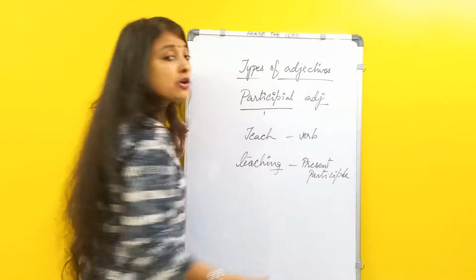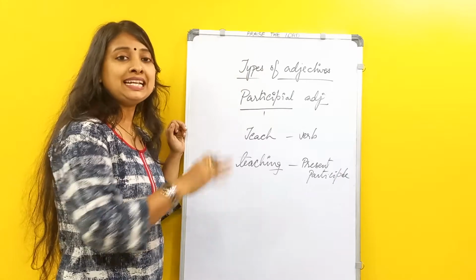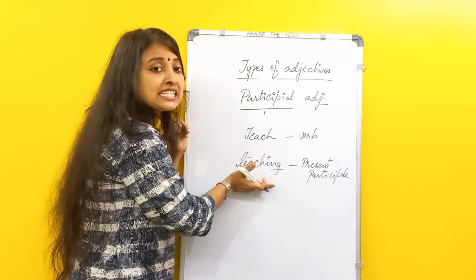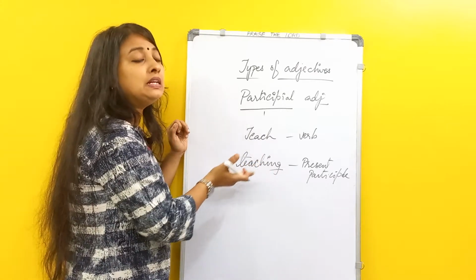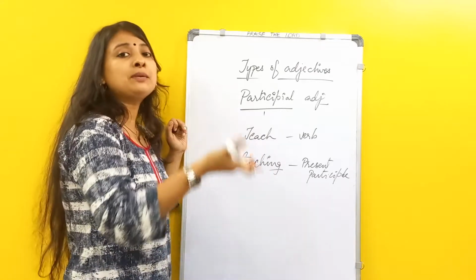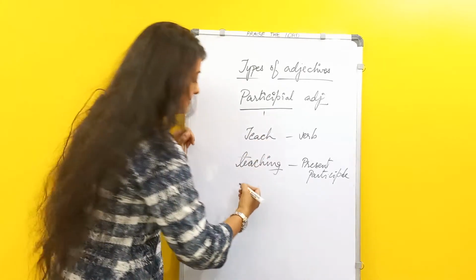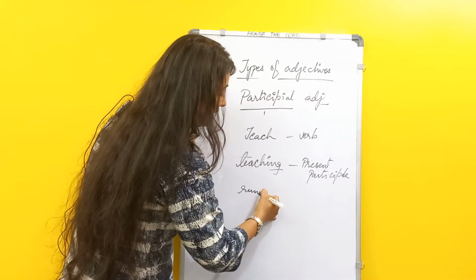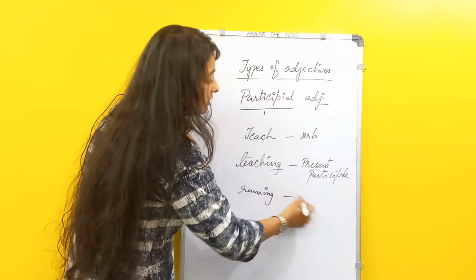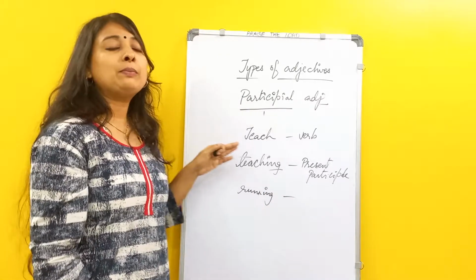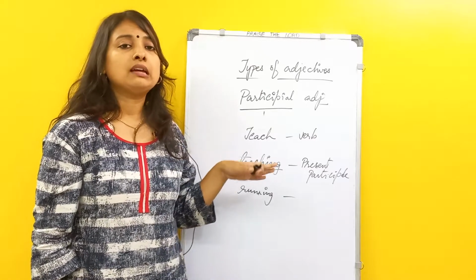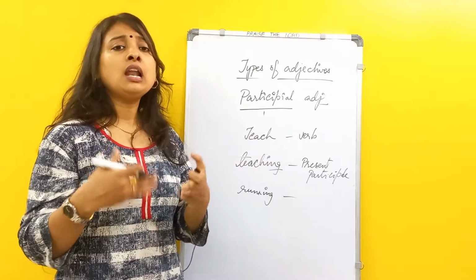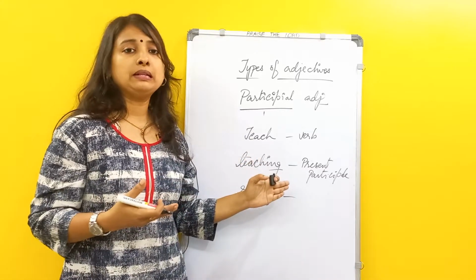Depending on how it is used in the sentence, its usage changes. Or else run, running. Running is a present participle. Boring. All the ing forms are participles.